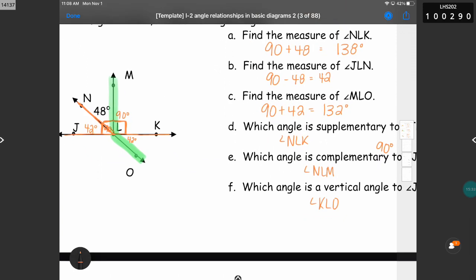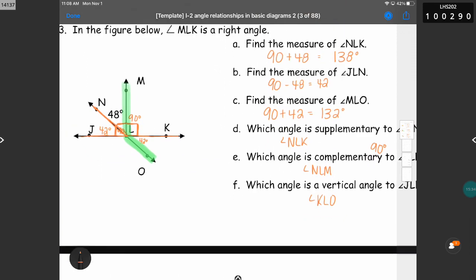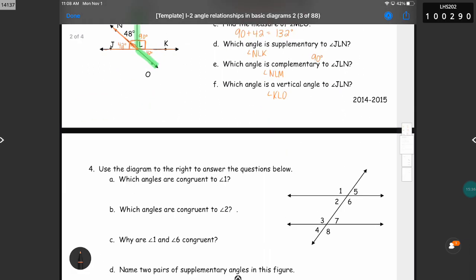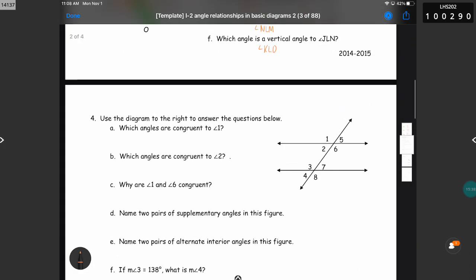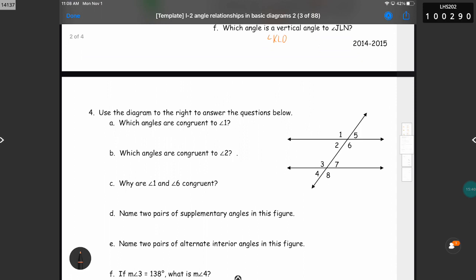All right, let's look at number 4. Actually, before we go to number 4, can you take out a piece of loose leaf? Everybody take out a piece of loose leaf.